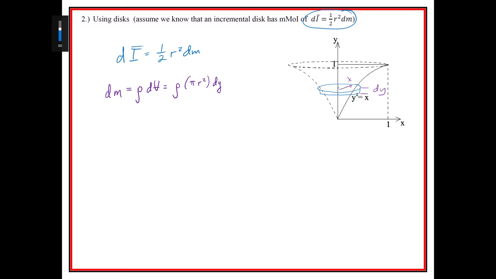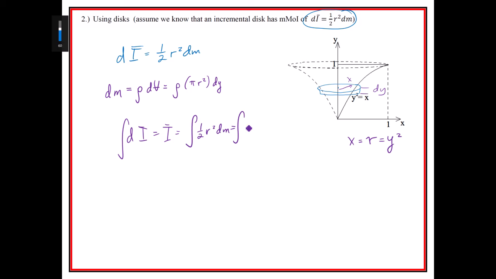We know that an integration of an incremental dI is going to be I, and it's going to be the integral of 1/2 r squared dm. We happen to know that x is equal to r, but x is also equal to y squared.